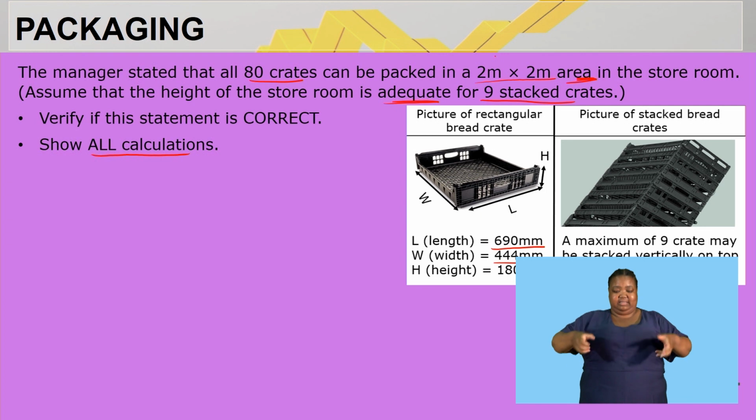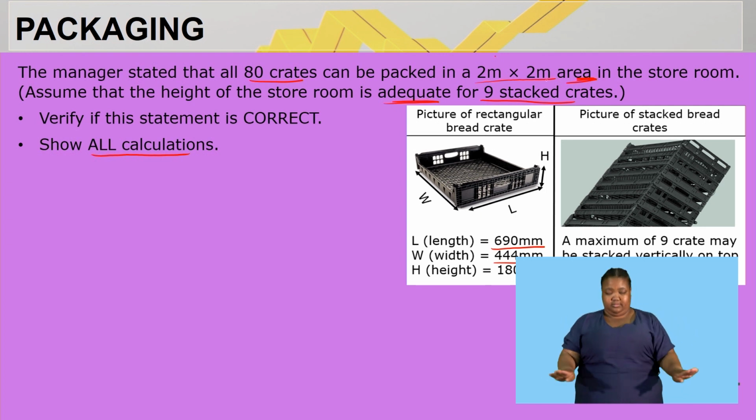Okay, so what is the first thing that we note here? We notice that the floor area of the storeroom is given in meters. And then when we look here, again, the length and the width of the crate is given in millimeters. So guys, therefore we need to make sure our units are the same before we can simplify.